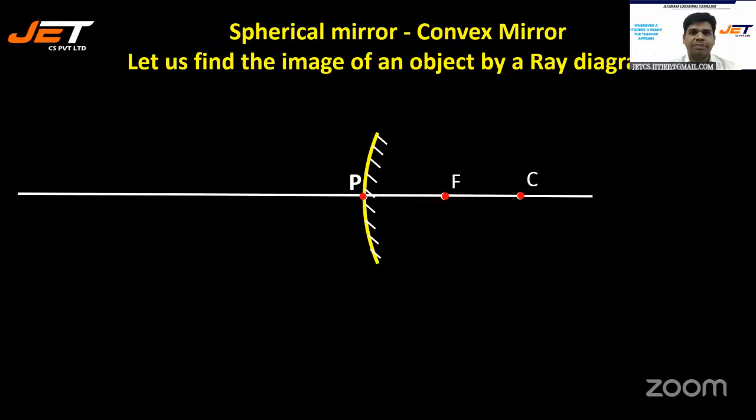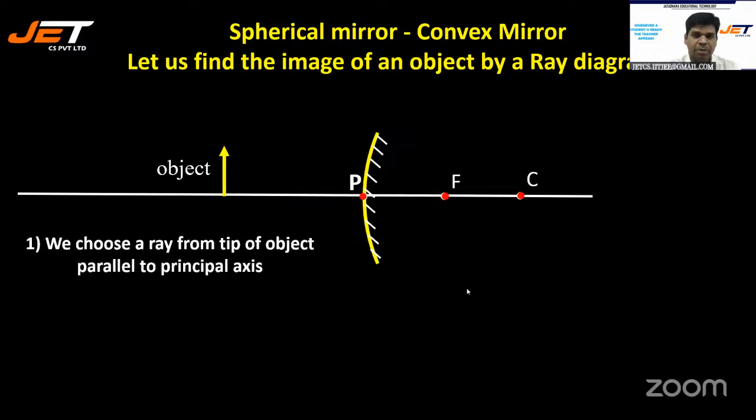All right. Now, let us find the image of an object by ray diagram. Given an object is placed in front of the mirror, where will the image be?